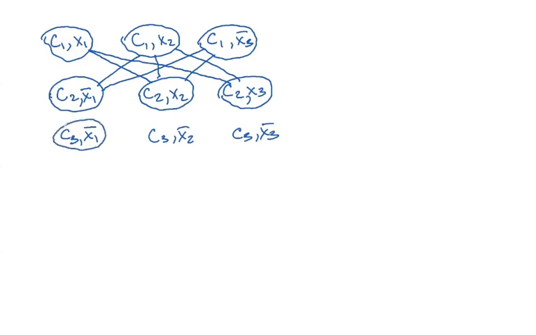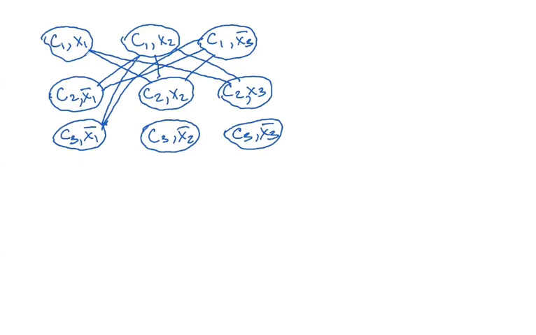Looking at the compatibility, first with the first clause. Again, C1 x1 and C3 not x1 are not compatible, but C3 not x1 is compatible with C1 x2, and it is compatible with this one as well. Then let's look at the second one.